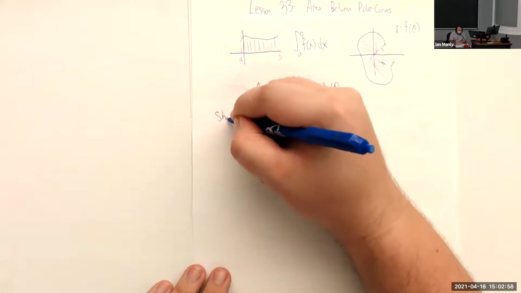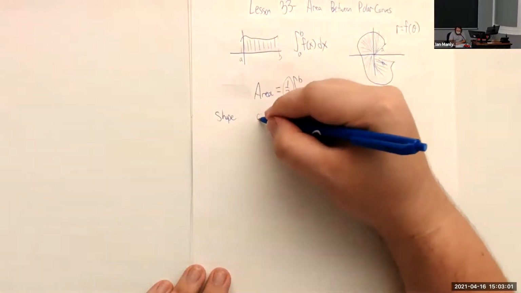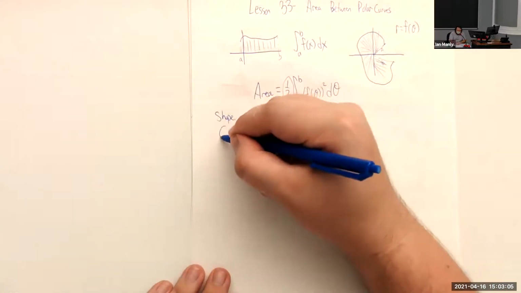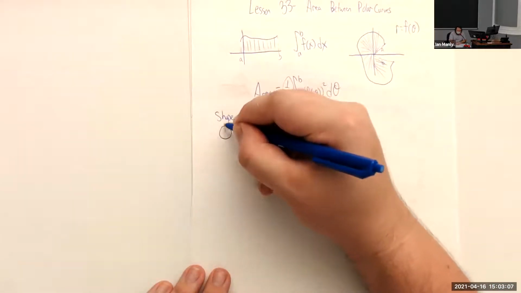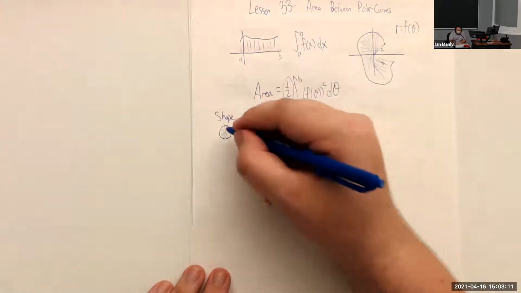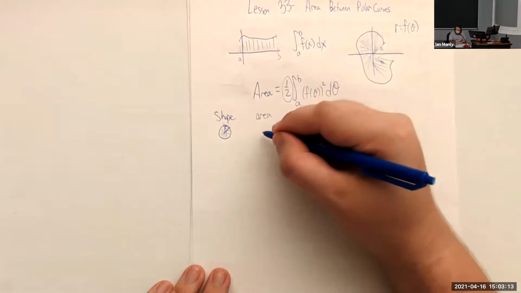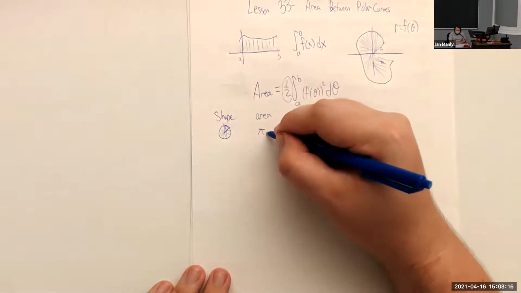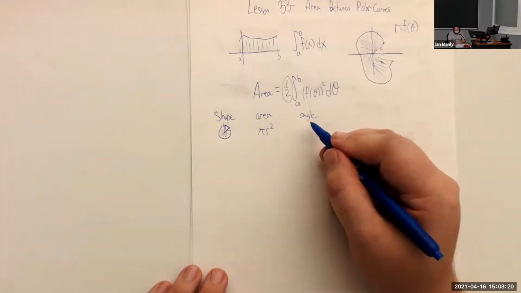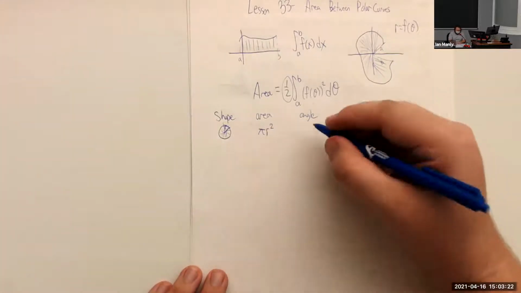So I'm going to make a little chart here. Shape, area, and angle. So let's say we have a full circle, right? And we have the area of the circle. So what's the area of a circle if its radius is r? It's going to be pi r squared. That's right. Now, what amount of angle do we have to get through the whole circle?